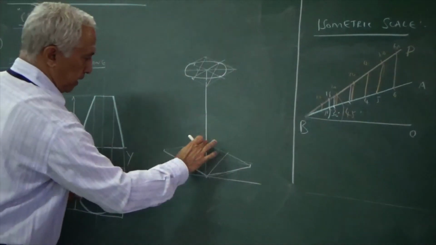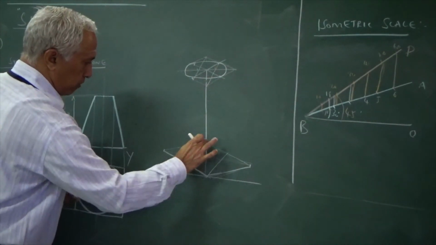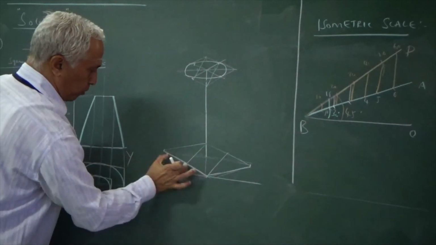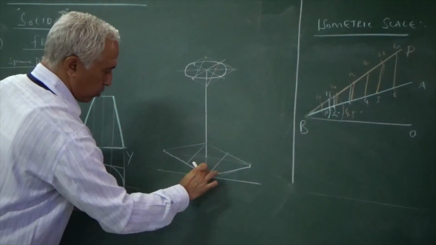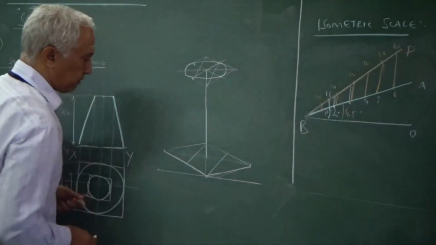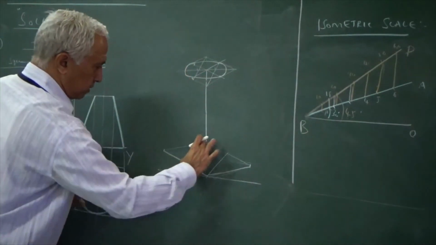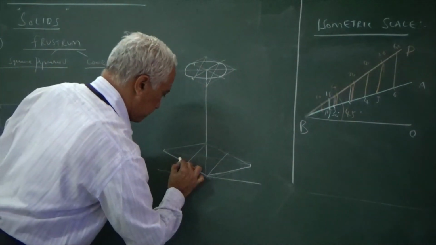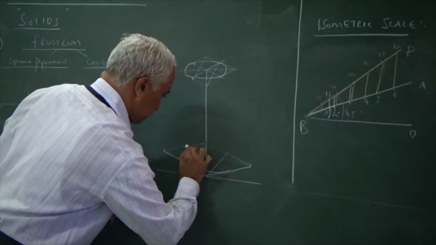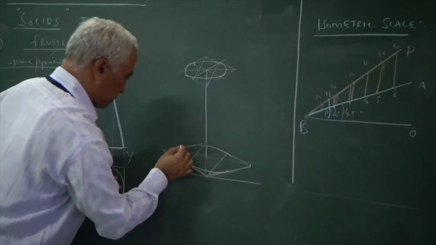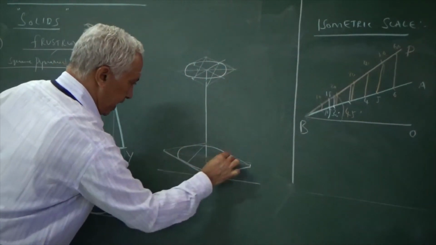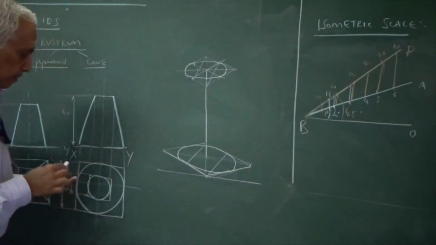This line is drawn from this corner to the midpoint of the opposite side, and from this corner too. Adopt the 4 center method, I know the 4 centers, and get the ellipse at the bottom as well as at the top.